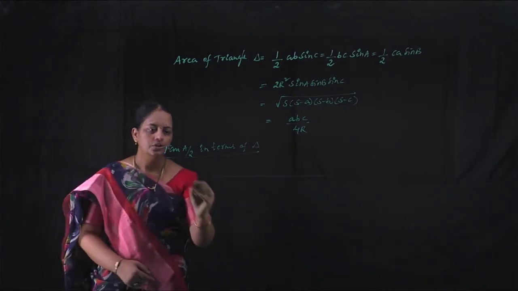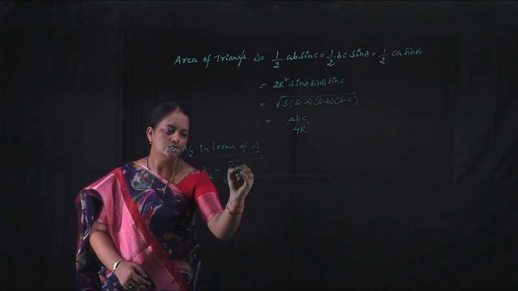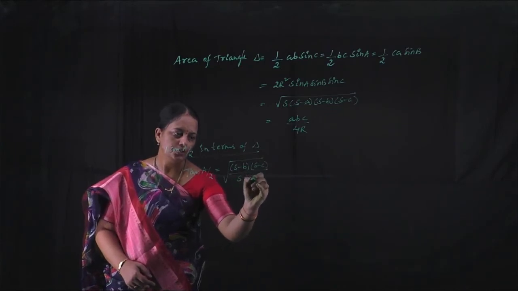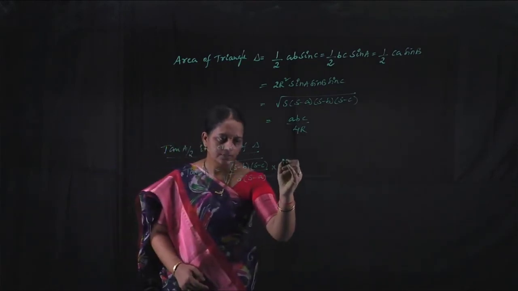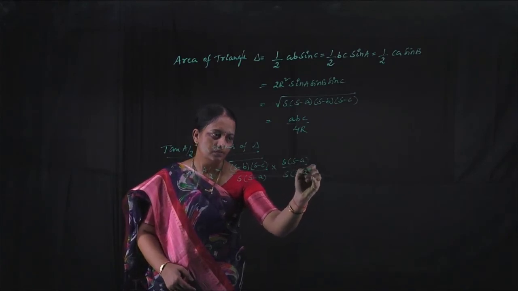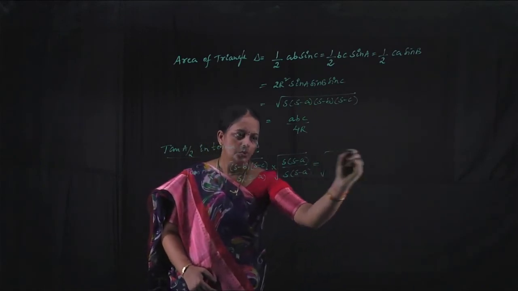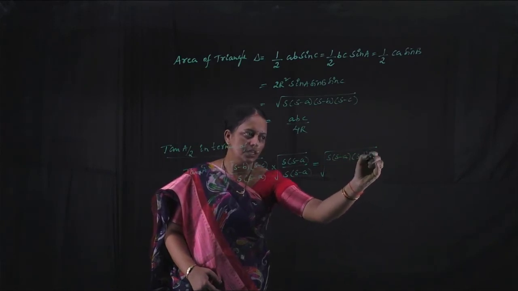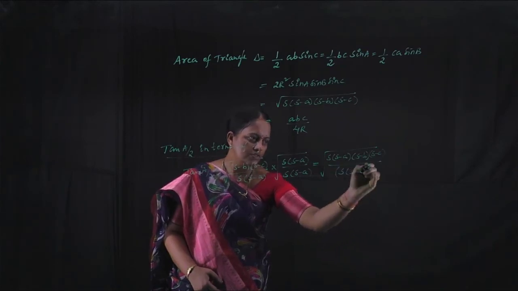Already we derived tan A by 2 is equal to root of S minus B into S minus C by S into S minus A. Multiplying and dividing with S into S minus A, root over S into S minus A. So it can be written as root of S into S minus A, S minus B, S minus C by S into S minus A whole square.